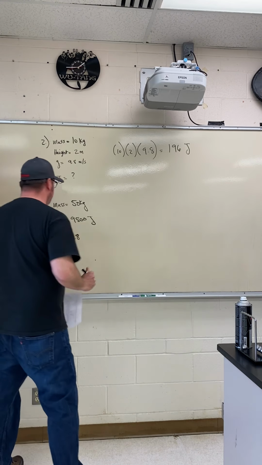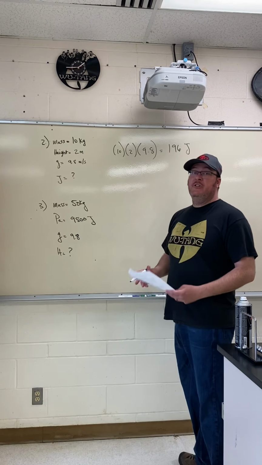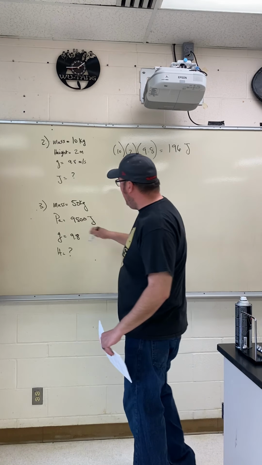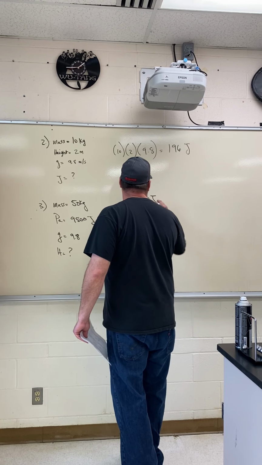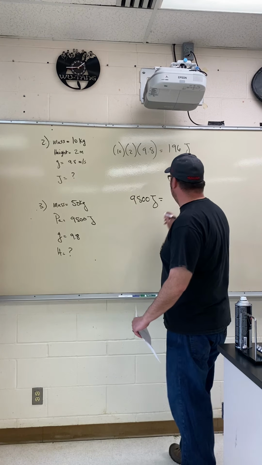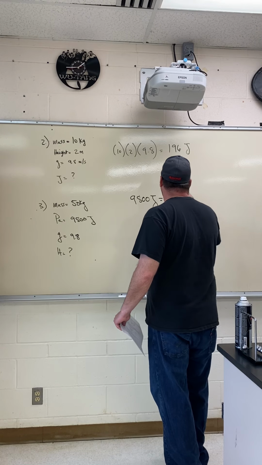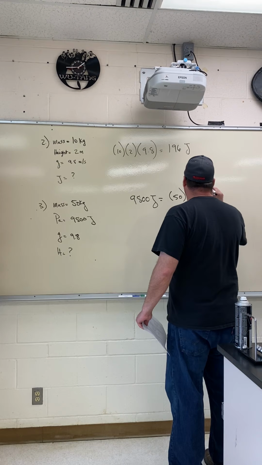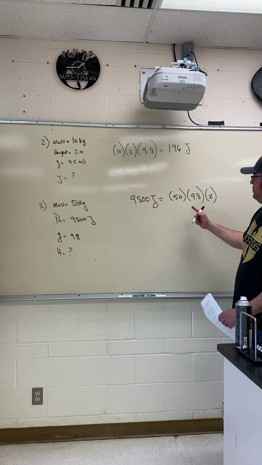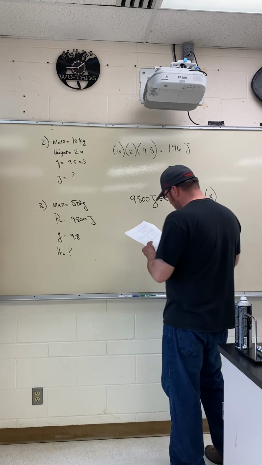So that's my question mark. So this is going to be set up like an algebraic equation. So we're going to isolate our 9,800 joules on one side of the problem. So I got 9,800 joules. It's going to be equal to what we know. So I've got 50 times 9.8 times x.